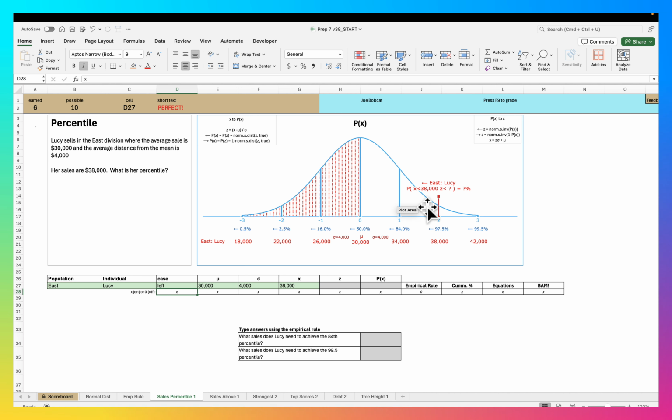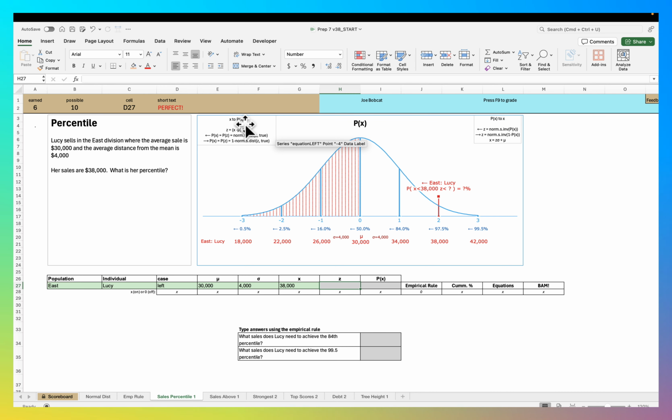Now, actually, that's going to start way down here. But to get that last bit, we need to know the z-score. And to calculate a z-score, we're going to use these equations. So we're going from this side, x to p of x, because x is her salary.